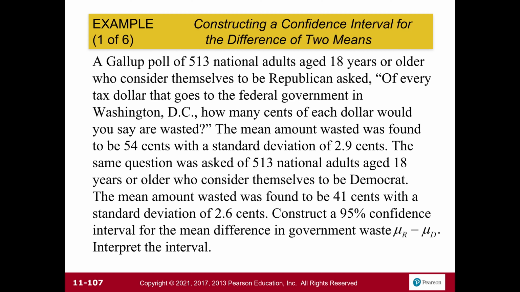The same question was asked to 513 national adults aged 18 who consider themselves to be Democrats. The mean amount wasted that they thought was 41 cents with a standard deviation of 2.6 cents. Construct a 95% confidence interval for the mean difference in government waste. And then interpret this interval.